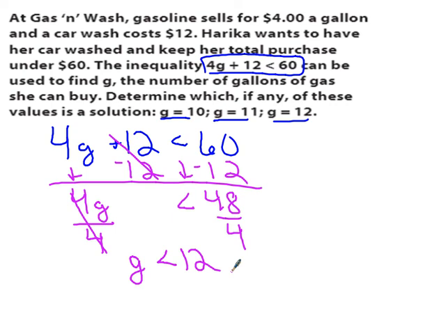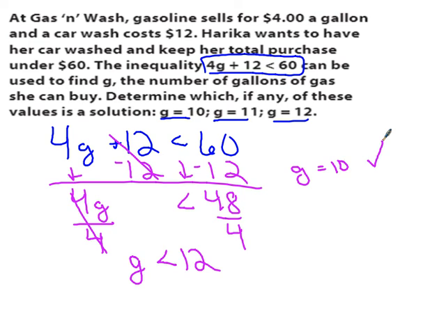Now, if G is less than 12, we want to determine which, if any, of these values is a solution. Because she wanted to spend less than $60. She wanted to keep her total under 60. So I'm looking for all values that are less than 12. G equals 10 is a solution because that's less than 12. G equals 11. She could also buy 11 gallons of gas because that is less than 12.